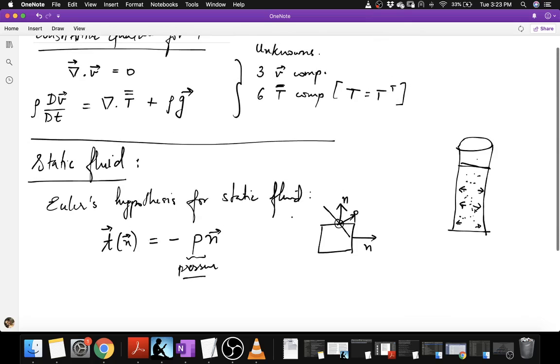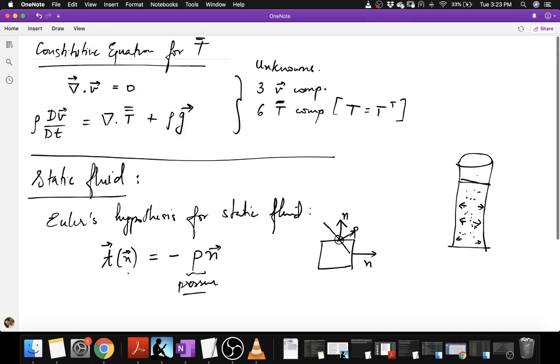So to understand the implication of this, this is basically, as you can see, possibly the simplest way of specifying it. You do say that the stress vector depends on orientation, which clearly it must, but you say that it's simply directed along the normal to a surface, regardless of the orientation of that surface.